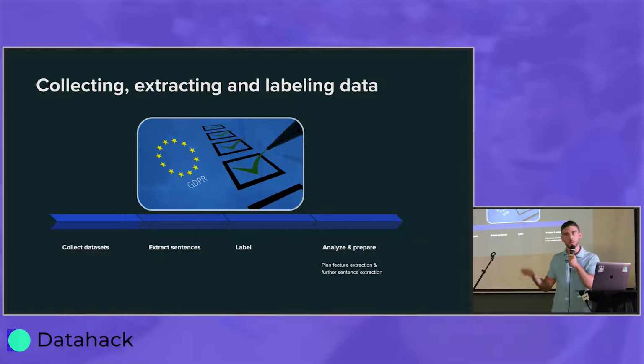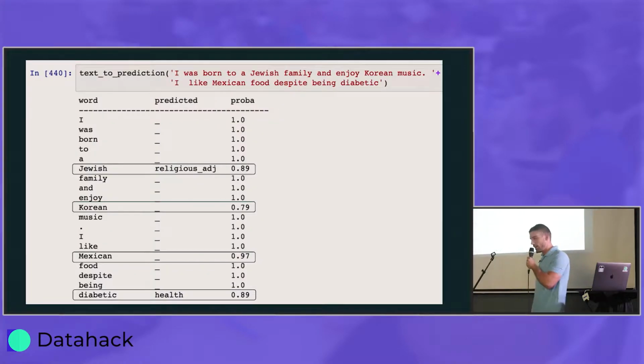And this is where we go to the part of actually modeling this. And this is where I got to after several cycles of research. So you can see this is a token level classifier for this task.